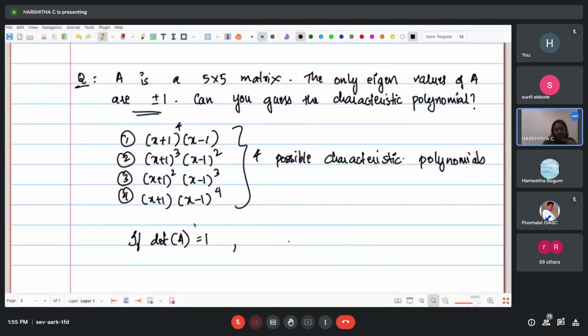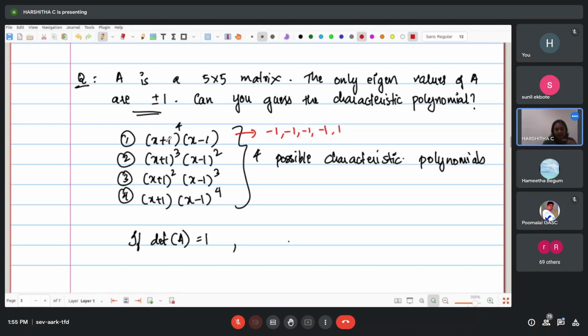No, no, just look at the possibilities. Look at the first one. What are the eigenvalues here? You have minus 1 occurring 4 times. So the product, minus 1 to the power of 4, is 1. So that will work.